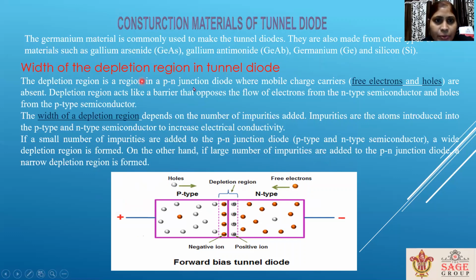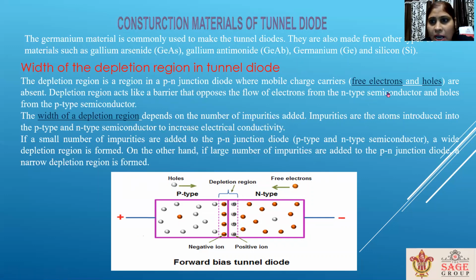Now, the width of the depletion region. The depletion region in the PN junction diode is large as compared to the tunnel diode, since the impurity level of the tunnel diode is very high as compared to the PN junction diode. The width of the depletion layer actually depends on the number of impurities added.